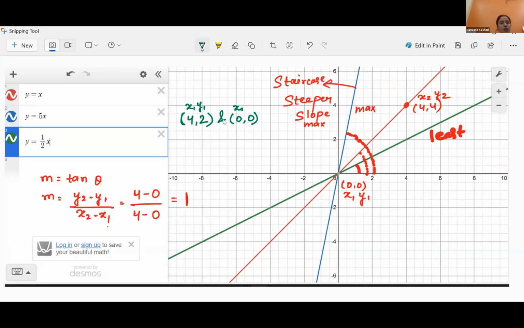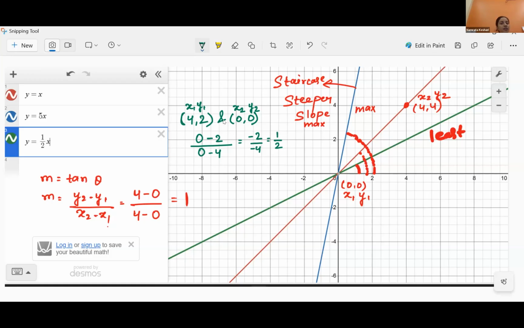If you take it the other way around, the value of slope will not change. Y2 minus y1 means 0 minus 2 and x2 minus x1 is 0 minus 4, and you can see the slope is minus 2 by minus 4, that means the slope is 1 by 2.